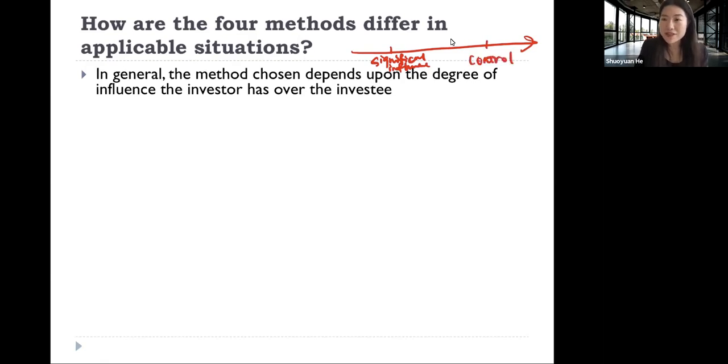If an investor has significant influence over an investee but no control, then we use the equity method. If an investor has control over an investee, we use consolidation. And if an investor has neither significant influence nor control over an investee, we use the fair value or the cost method.